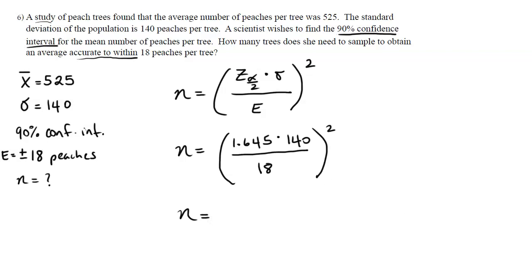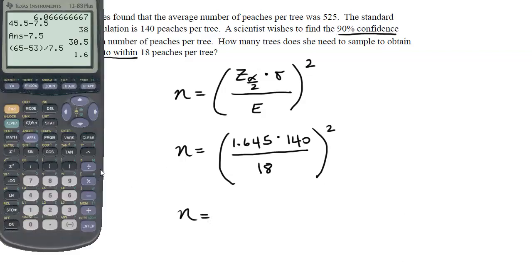I'm going to throw this into the calculator here. So in parentheses, 1.645 times 140 divided by 18, close parentheses, squared. 163.7.